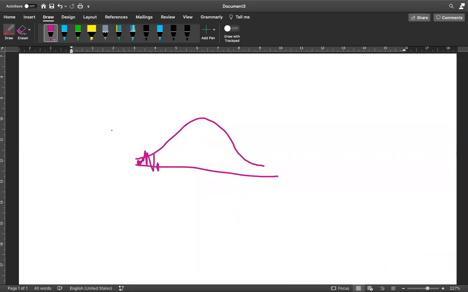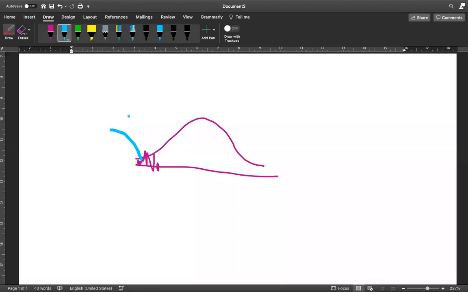Now, the area covered under this rejection region is actually the alpha, which is 0.05. So the question is this.